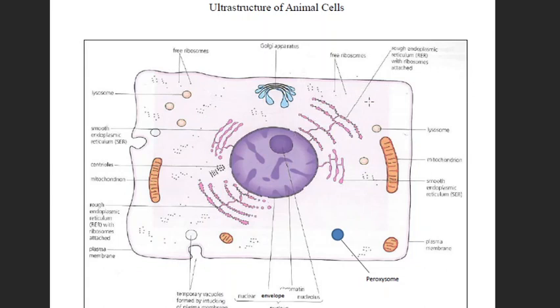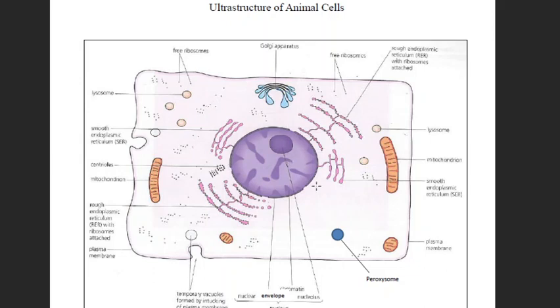If the cell was a rigid structure, then everything would have been at a fixed position. But the cytoplasmic or cytosolic fluid helps in that movement, from one organelle to another and from the cell to outside the cell.